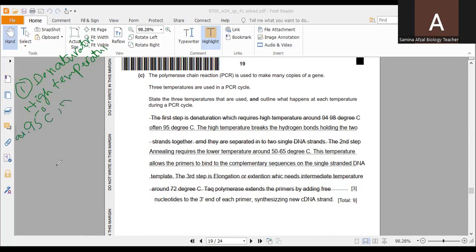So what happens at high temperature? The high temperature breaks down the hydrogen bonds holding the DNA strands together.